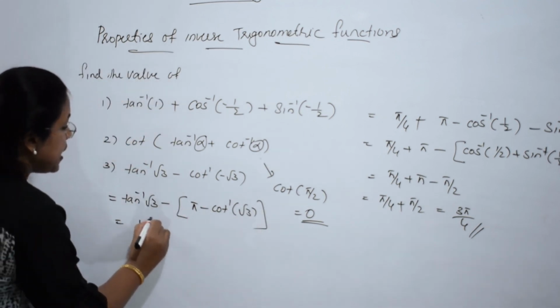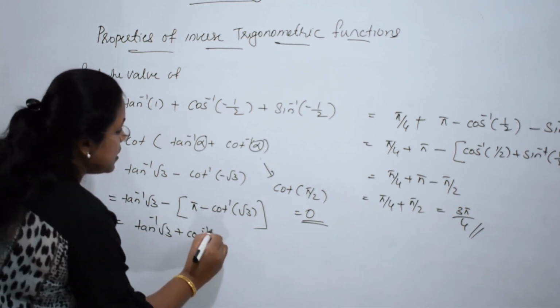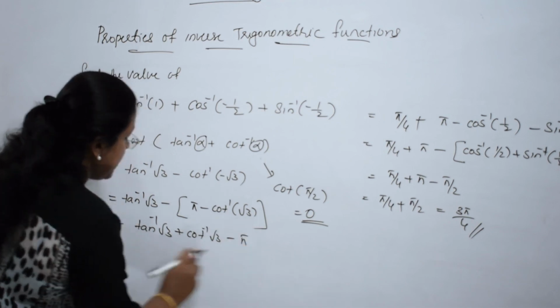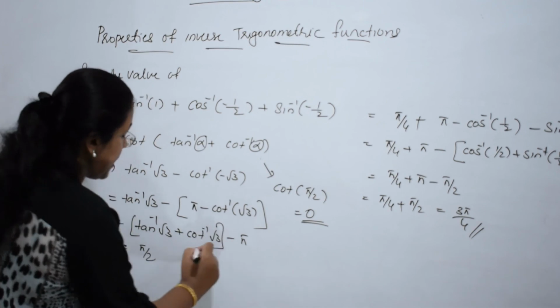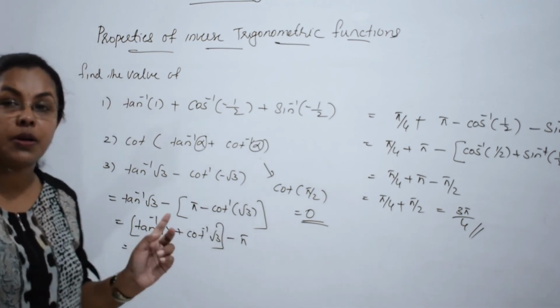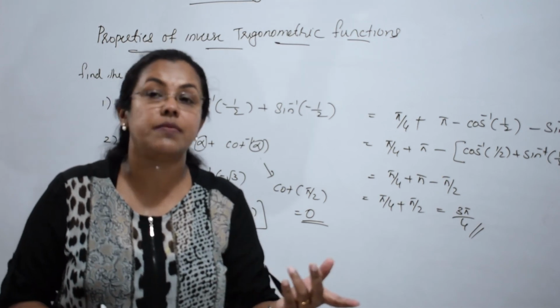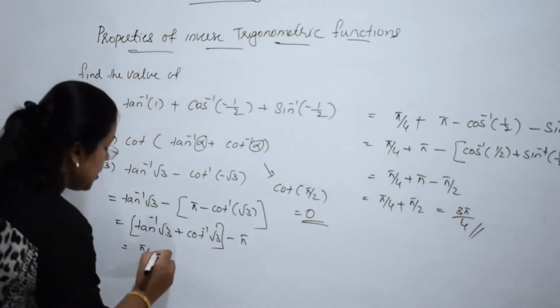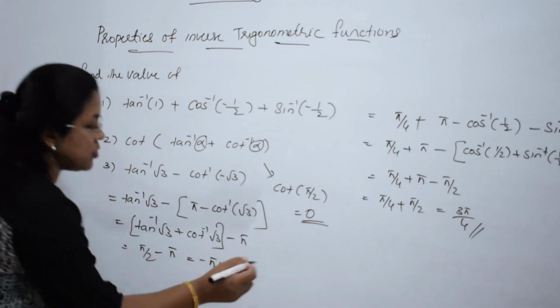Tan inverse root 3 plus cot inverse root 3 minus pi. Tan inverse root 3 plus cot inverse root 3 is nothing but pi by 2, because tan inverse x plus cot inverse x is equal to pi by 2. Pi by 2 minus pi is nothing but minus pi by 2.